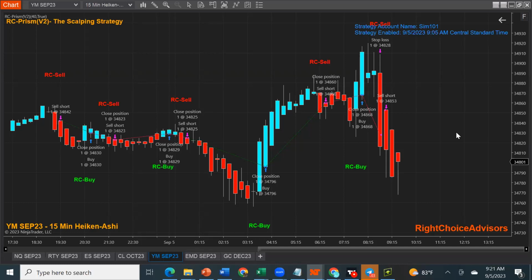Is it possible to put a rule in there that says unless we have a 5 to 10 point move, it shouldn't start trading at all? Yeah, what we can do is increase the number of candles it should watch for, so it will wait more time before taking the signal. Okay.